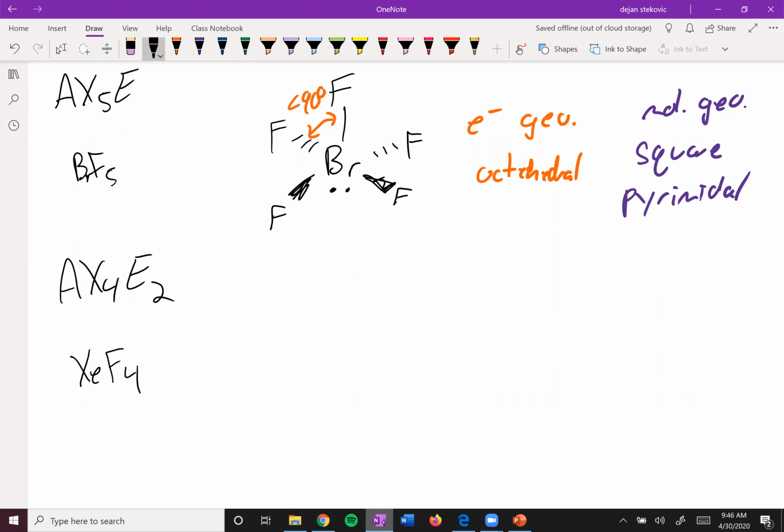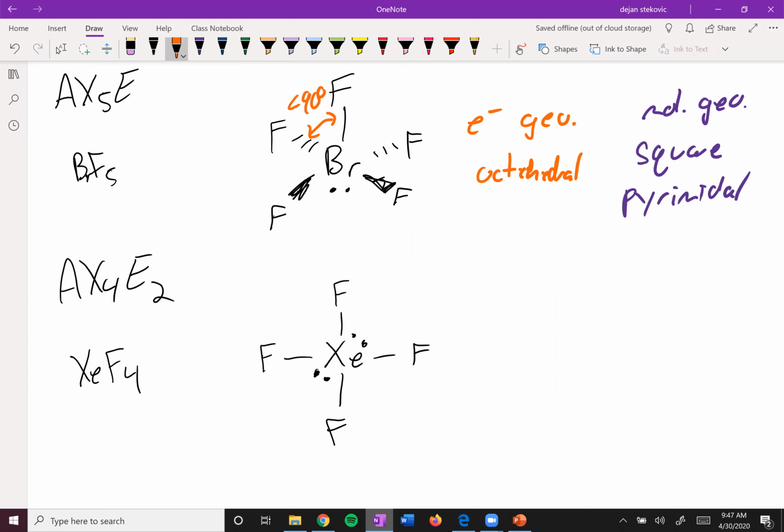And since the lone pairs are bigger than the bonds, you're going to want to put the lone pairs on opposite sides. That way, they're as far away as possible. So the way this is generally drawn is like this, where here it looks like these lone pairs are in the plane of the board, but in reality, one is going out of the plane and one is going into the plane.